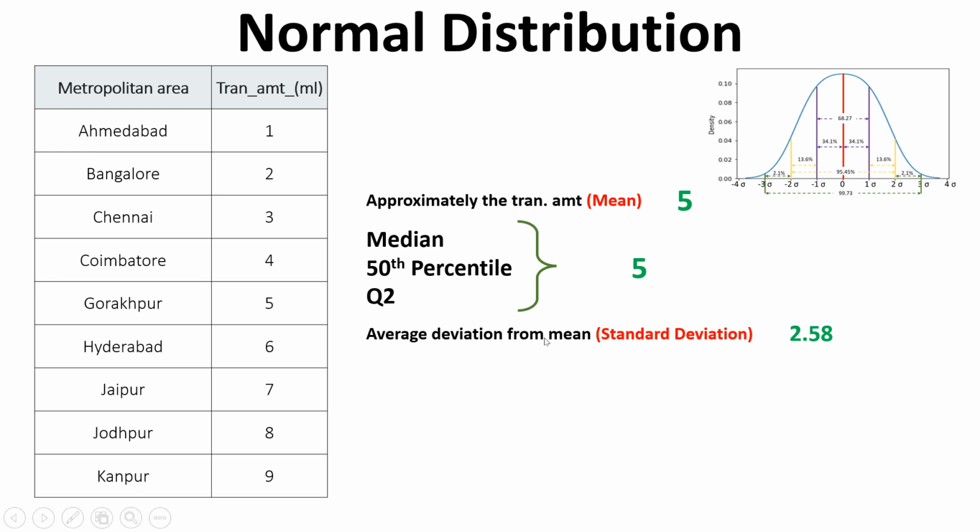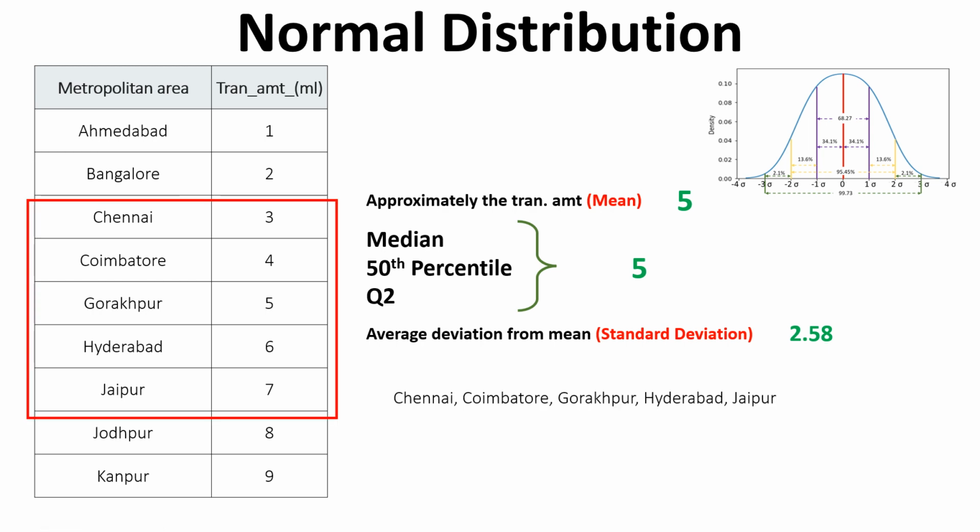So here we are saying that the average transaction amount is approximately 5, the middle point is 5, and the data points are deviating from the mean by approximately 2.58. All of these cities are coming in the range of 1 standard deviation, that is -1 standard deviation to +1 standard deviation. All of these cities have the transaction amount in this particular range, which is 1 standard deviation, that is 2.58, mean plus 2.58 and mean minus 2.58. So this is how normal distribution helps you answer all these sorts of questions.